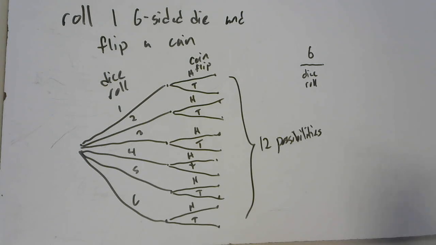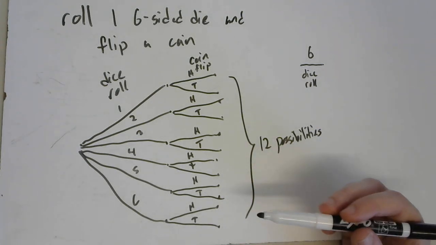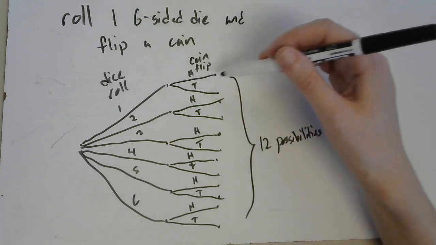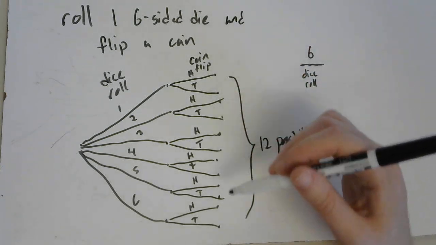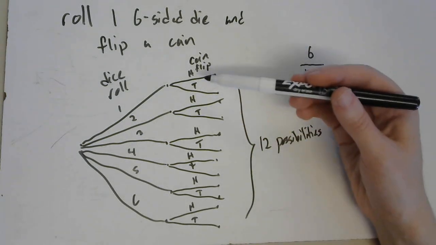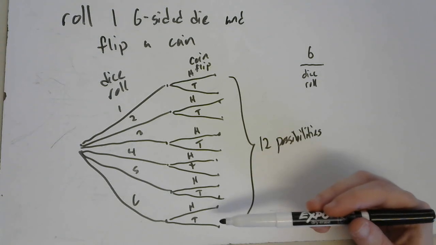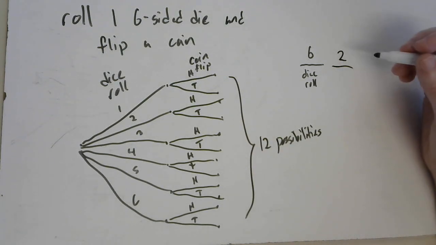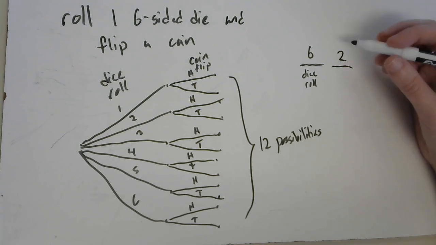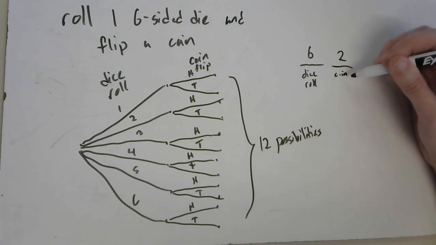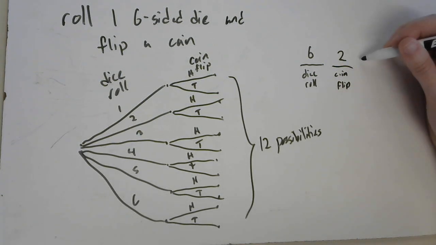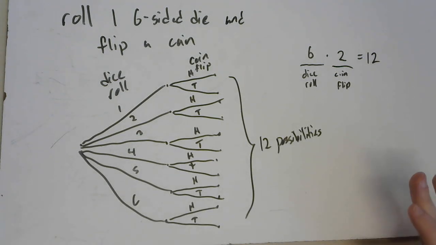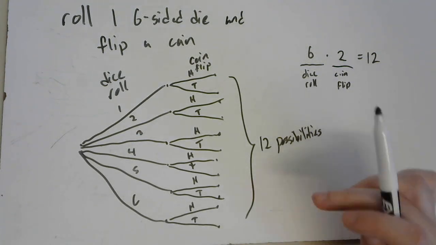What I had gotten on my dice didn't affect what happened to my coin. And so for each of my 6 possibilities, I had 2 branches. So if I multiplied 6 times my 2 possibilities for my coin flip, I would end up with 12 possibilities.